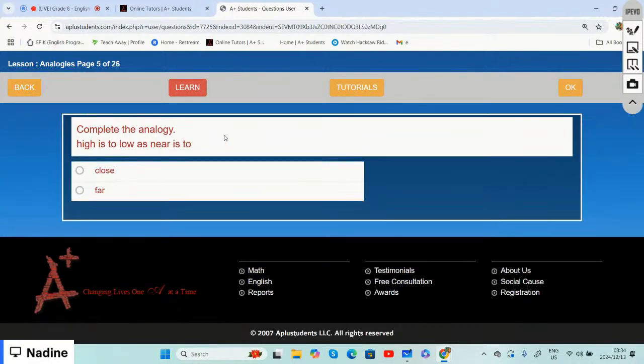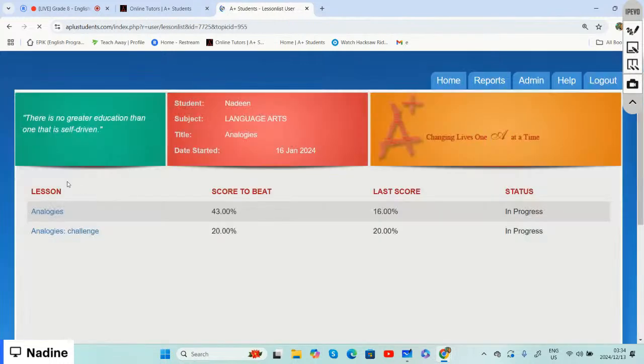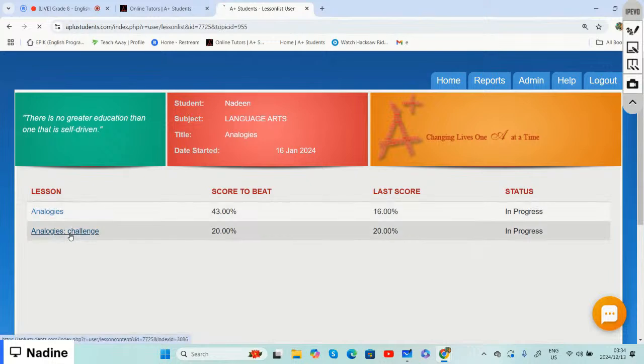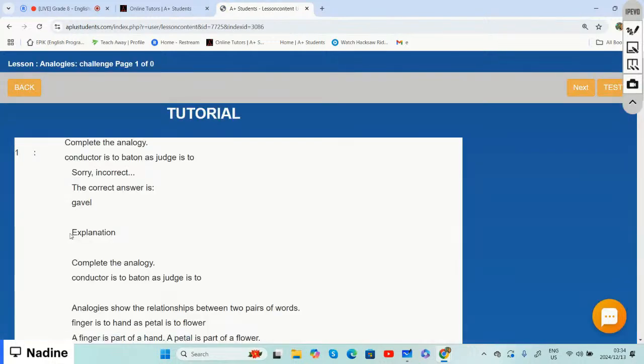All right, so now we're going on to the next one. We're going to do the analogies challenge. And once again, we say that analogies show the relationship between two things, or two people, or two places. I don't know why they say it's a challenge, but we're just going to do the same.